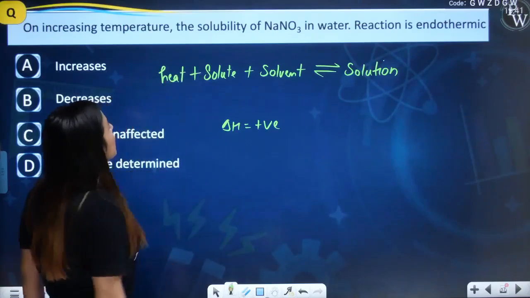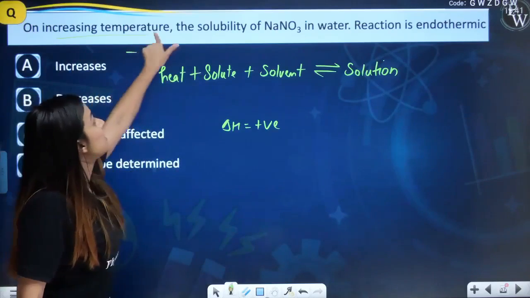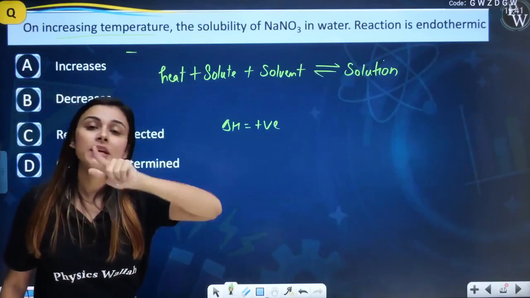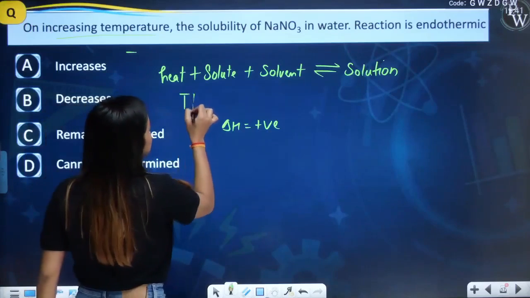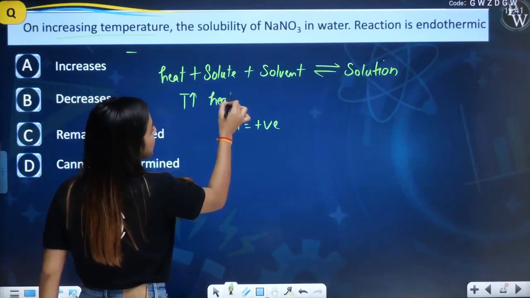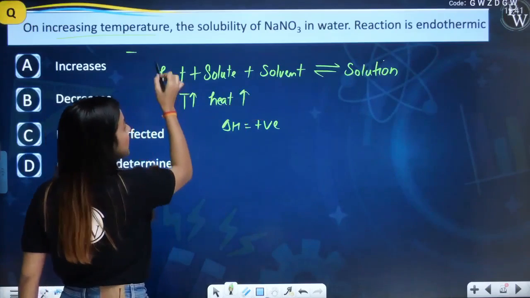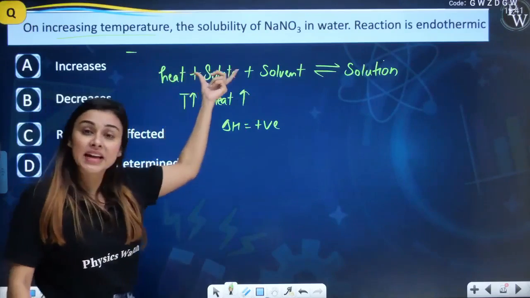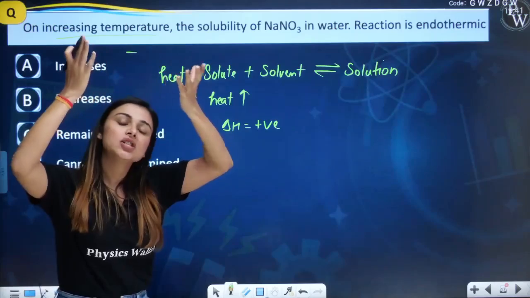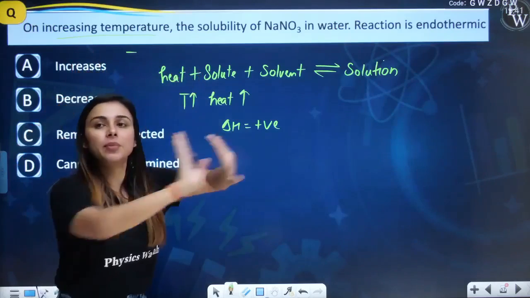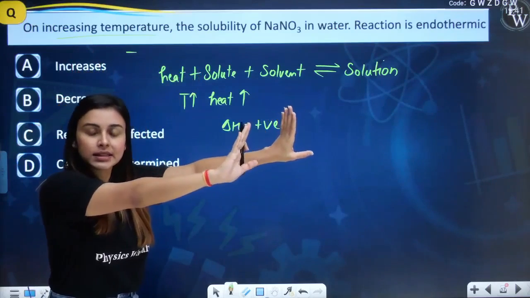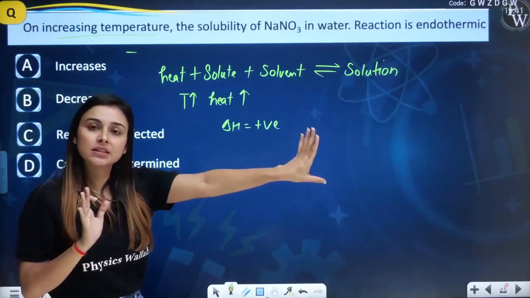Now, on increasing the temperature, what are you doing? You're increasing the heat. If heat is increasing, this means that your reactant side is increasing. Le Chatelier's principle will shift the equilibrium forward, in order to decrease the reactant concentration.